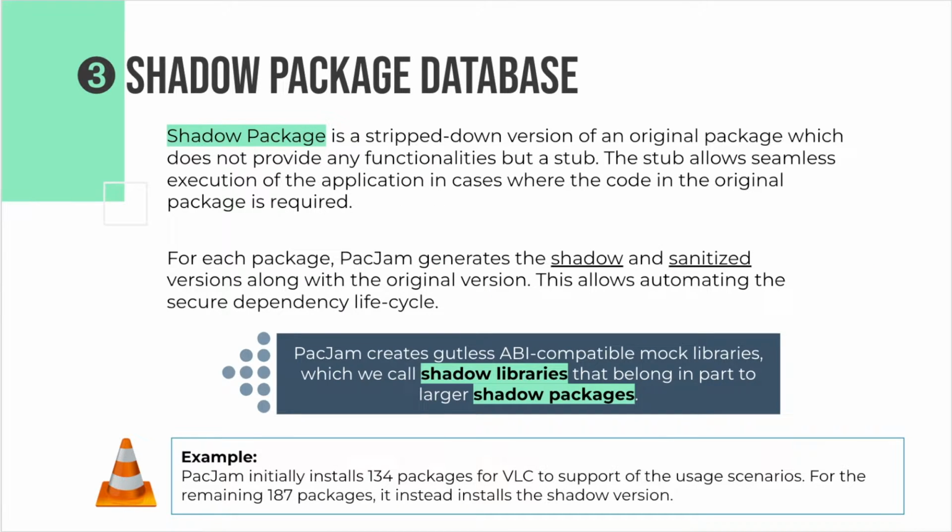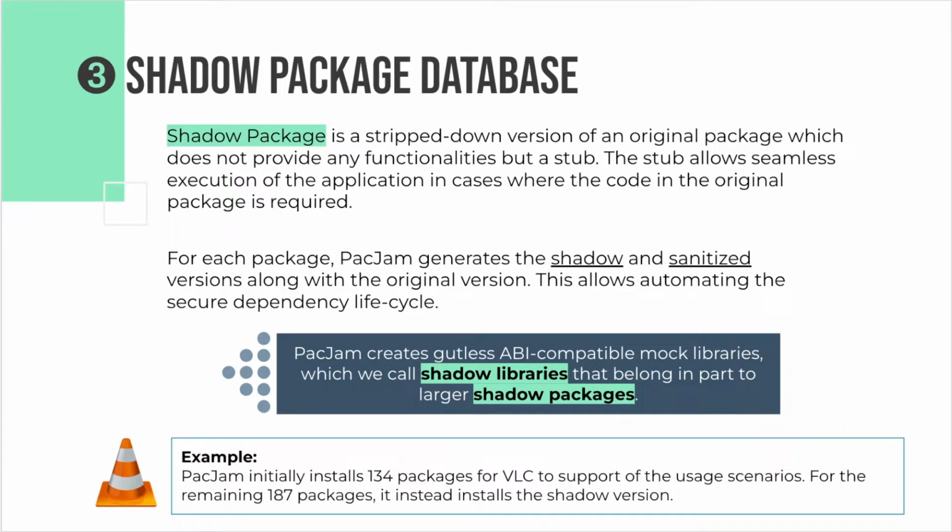Another important database in PacJam is the shadow package database. For each package, PacJam generates shadow and sanitized versions along with the original package. The shadow package is a stripped-down version and does not provide original application functionalities. It contains a stub that allows seamless execution of the application in cases where the code in the corresponding original package is required.